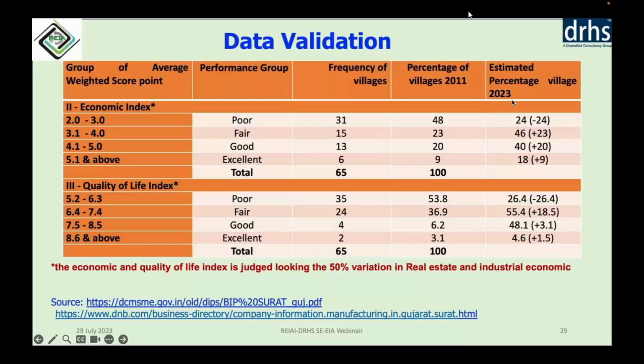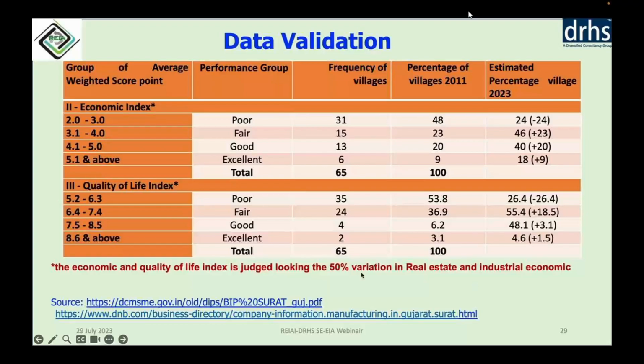You can put that percentage data here, and now you see here it has reduced, here it is 23, it has increased, meaning the poor category is reducing, and the fair and good categories have increased from 20 to 40, excellent from 6 to 9, and here you are getting 18, just double the percentage. So this is the way to validate the quality of index and economic index using the area.